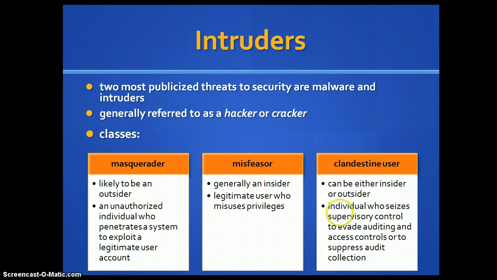Malware is related to software attacks, malicious software such as viruses, worms, Trojans, and different types of malicious software. And the other type of intruder is a user or attacker from outside.